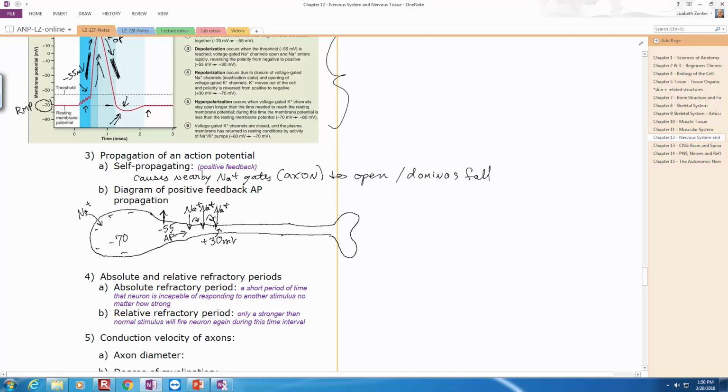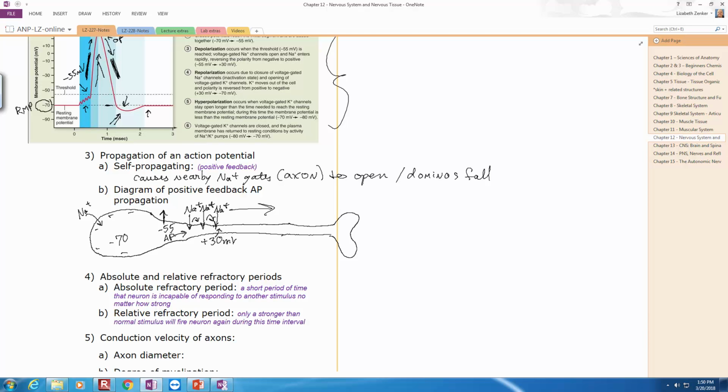It will cause those sodium gates to shut and thus the potassium gates to open, because positive 30 opens the potassium gates also. And then that happens like a domino effect and will zip all the way down. And only one direction, from the dendritic end down the axonal end. Self-propagating, all or none.